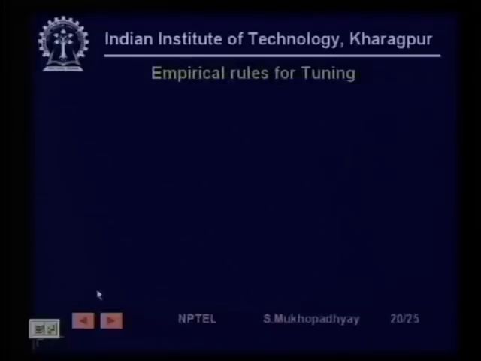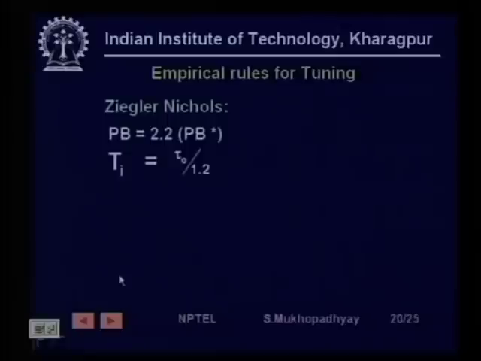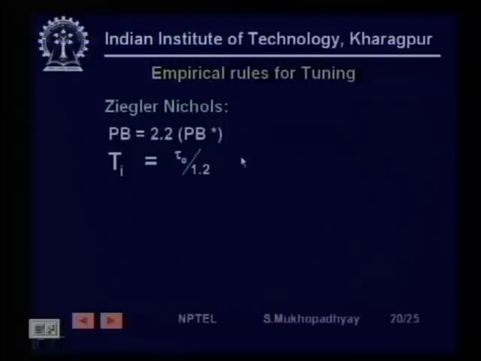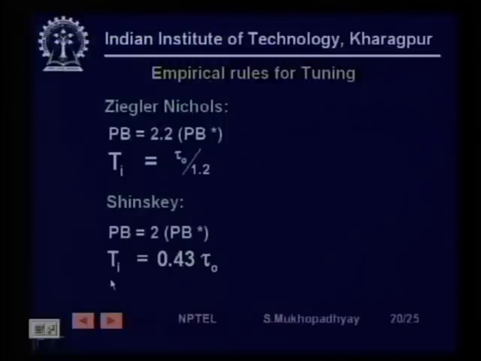Now based on these there are again empirical formulae. For example, Ziegler-Nichols says that if you have found a particular value of PB star and a particular value of tau naught, then for a PI control set the proportional band value as 2.2 times this value and set the TI as this value, again purely empirical, found by experiments. Similarly, another process control expert, Shinskey, says that no, choose these two values of gain.